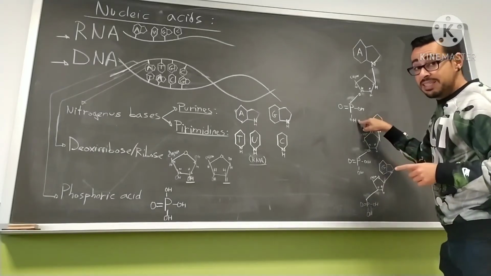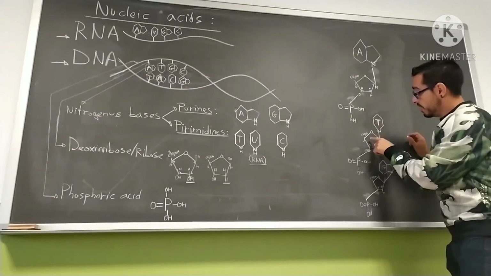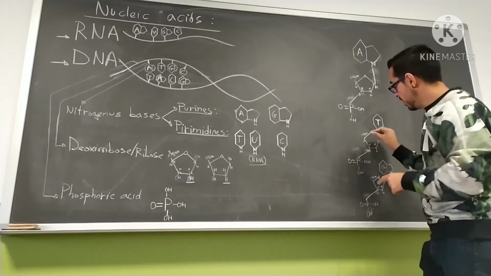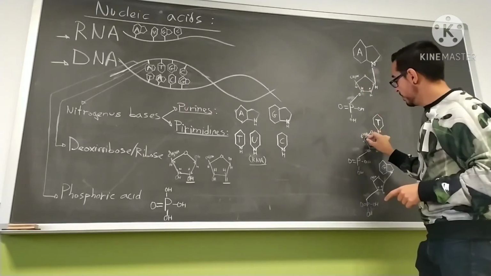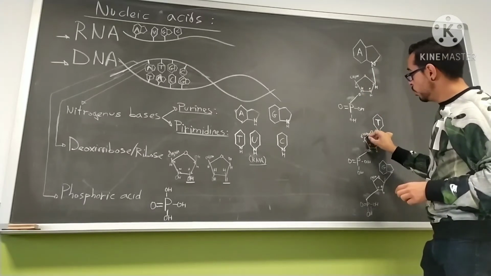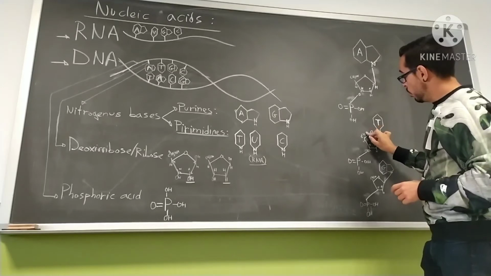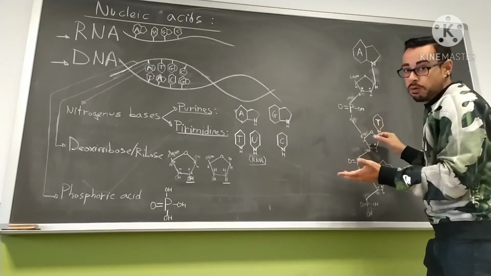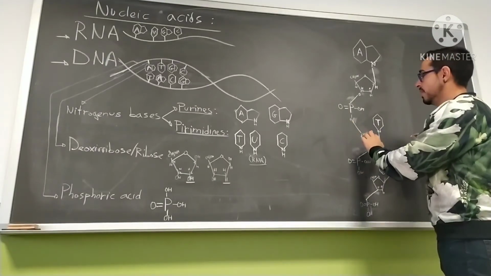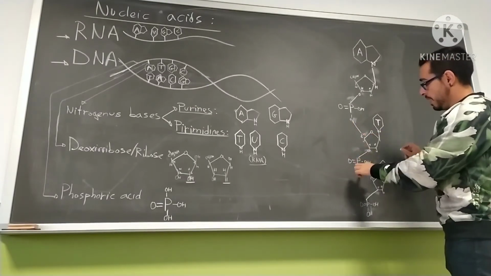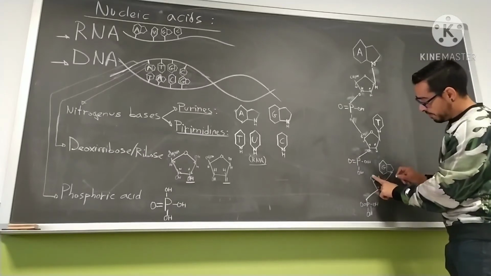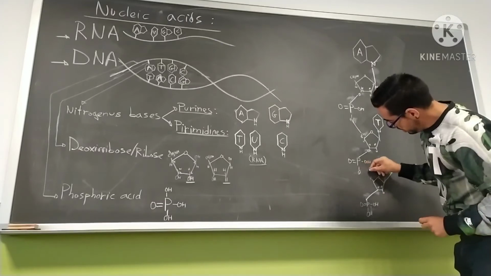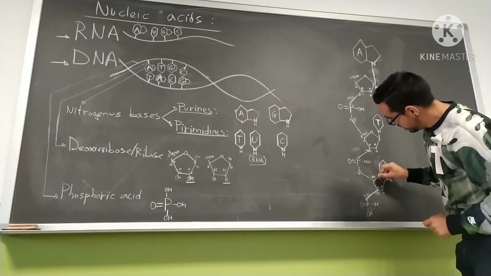This phosphoric acid is going to join with this deoxyribose by the fifth carbon. This is the fifth carbon, so it's going to be CH2OH. We take out this, and we take out this, and we take water, and it's going to be joined like this. And the same with the other one. In the fifth carbon, take the oxygen, and it's going to be like this.